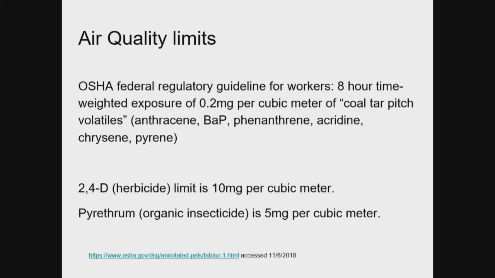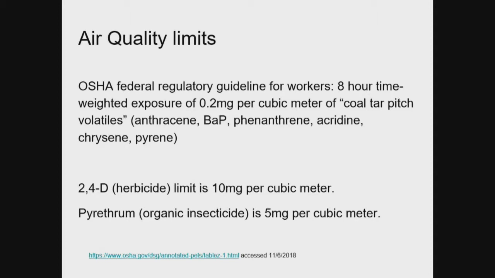When we pull these out, we're extracting them from whatever they're in, and we're looking at how much is there. I just wanted to baseline a little bit here about how toxic these are relative to other things. OSHA sets air quality limits for workers, and they call this coal tar pitch volatiles.